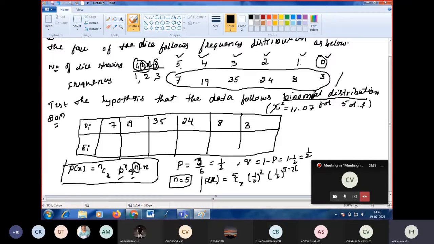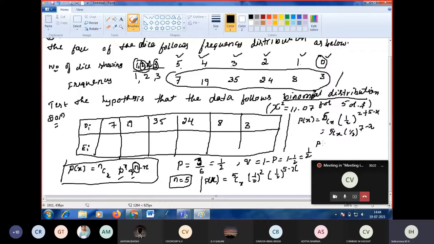Here the bases are the same, so you can add the powers to make the formula simple. So P of x is 5Cx, 1 by 2 whole to the power of x plus 5 minus x, that is 1 by 2 whole to the power of 5.